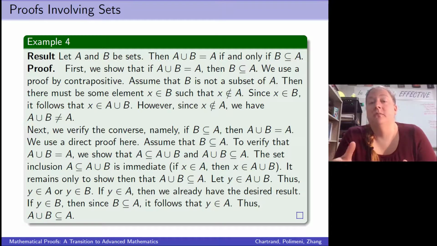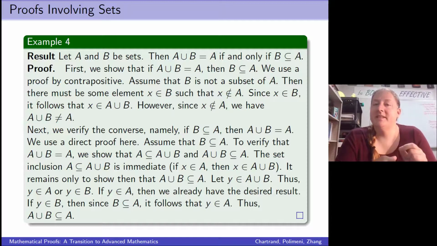We're going to assume that B is not a subset of A. So that means that there's some element in B that's not in A. So I have this element X. Since X is in B, then X is also in A union B, but it's not in A. So that means that there's an element in A union B that is not in A, and therefore A union B does not equal A. And I have the contrapositive proven. So that takes care of that direction.